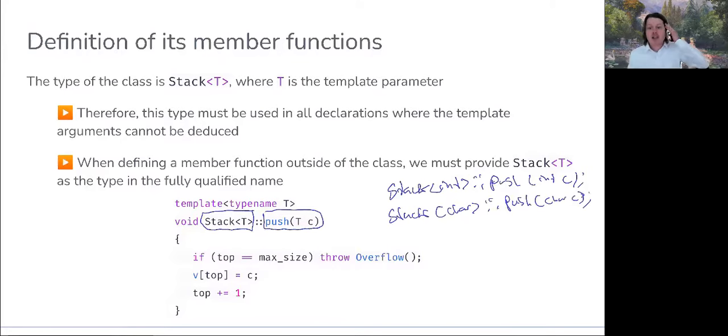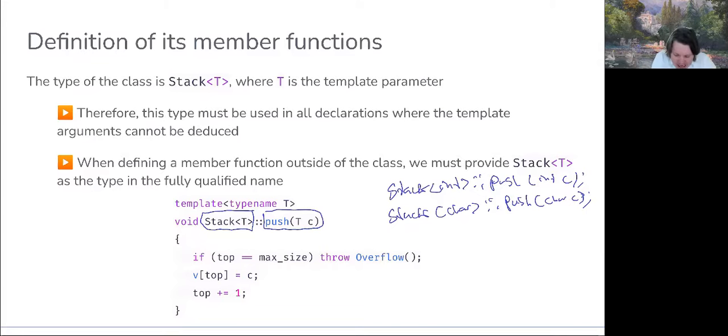And each type that is instantiated from our class template is going to get its own set of member functions. When we're defining this member function, we have to communicate that to the compiler. So our member functions are always going to be declared and defined as function templates, because we have to provide that T to the type name here.